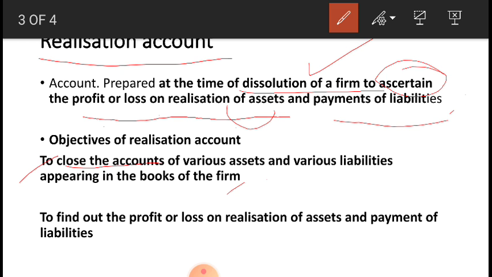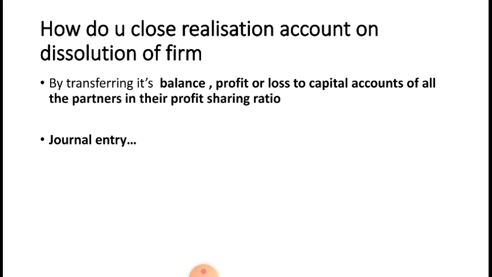Another one is to find out the profit or loss on realization of assets and payment of liabilities, that is, whether there is profit or loss when assets are realized and liabilities are paid. These are the 2 objectives.